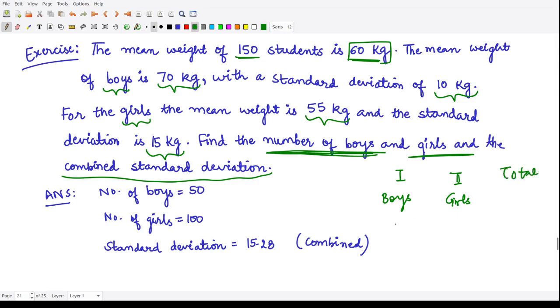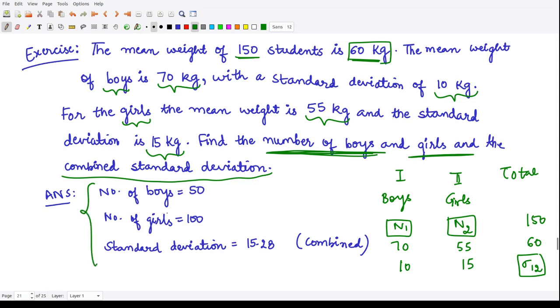Number of boys you have to calculate, number of girls you have to calculate, total is 150, the mean for boys is 70, the mean for girls is 55, and the total mean is also given, which is 60. Standard deviation for boys is 10, for girls it is 15, and the combined standard deviation is missing. So you have to calculate n1, n2 and sigma 1, 2. This is an exercise. The answer is this. You can try this question on your own.